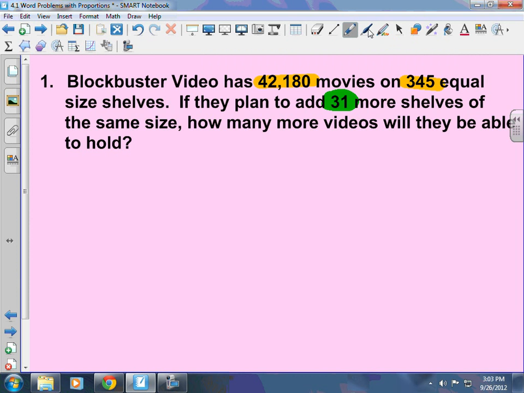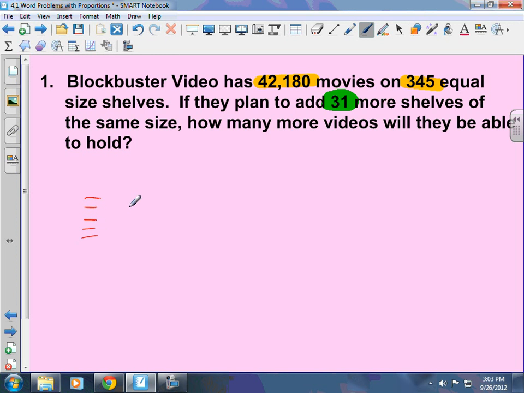So we need to know how many more movies will they be able to fit in their store. In order to solve this, you need to know how many movies are on each shelf. Because if I know how many movies fit on one shelf, then I can find out how many movies fit on 31.